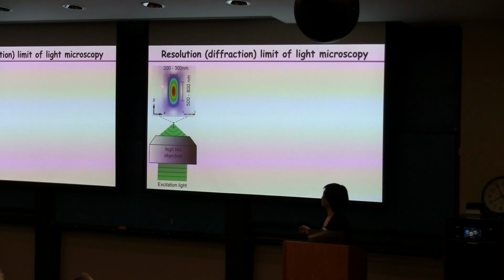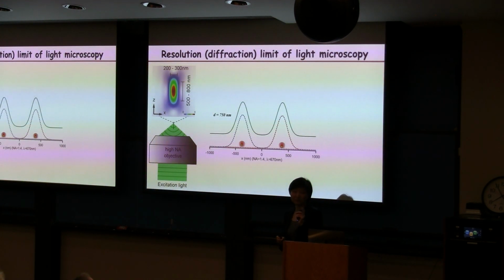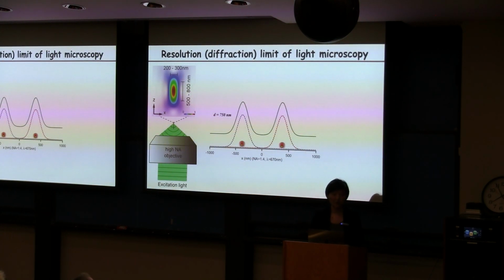Even with the best objectives, that is about 200 nanometers in the transverse direction and about a micron in the longitudinal direction. That means any tiny object, even a single molecule, when you image it, its image will spread out into a finite size. If you have two molecules that are well separated, then of course their images are separated and hence resolvable.